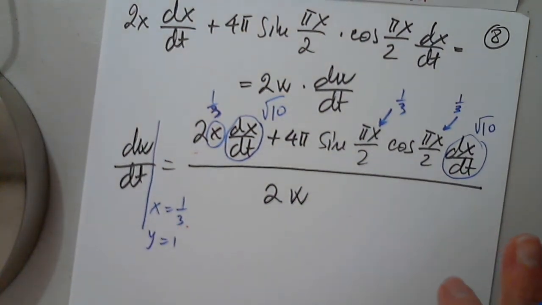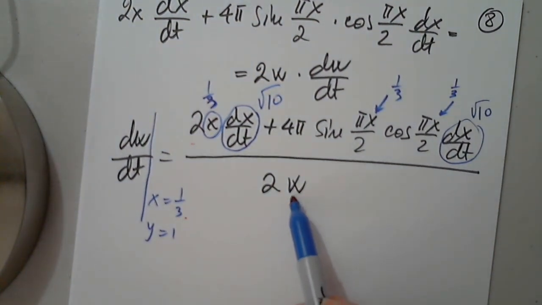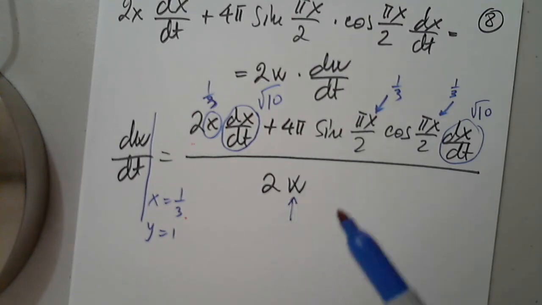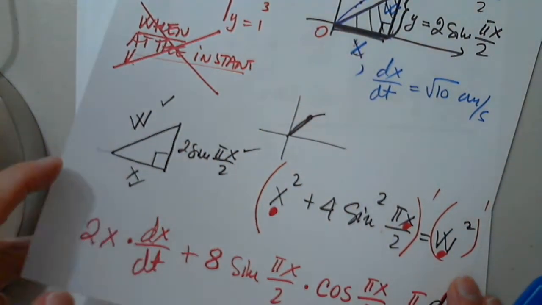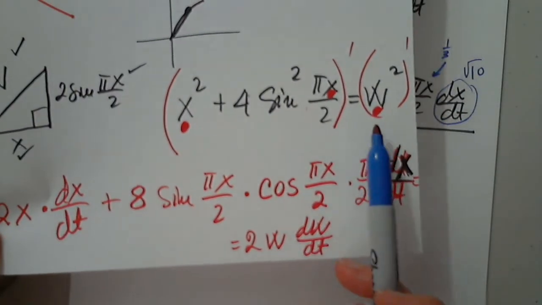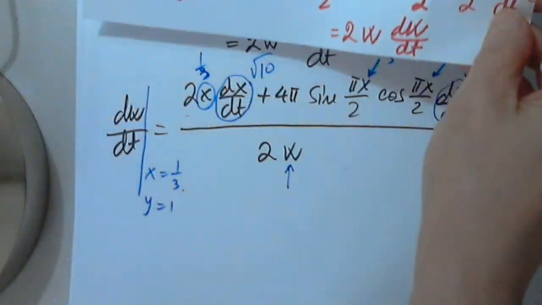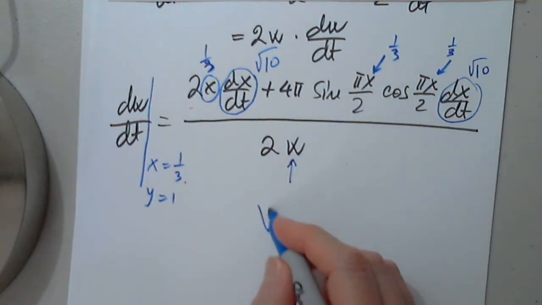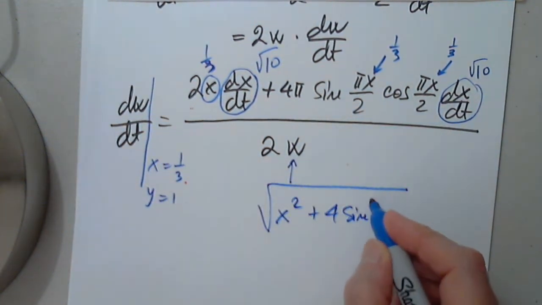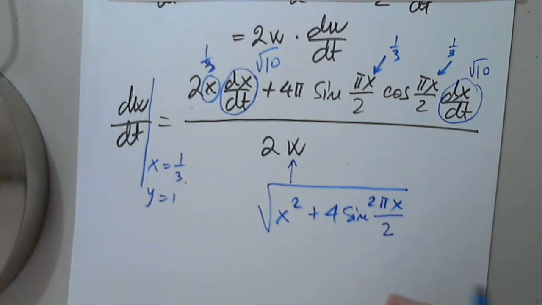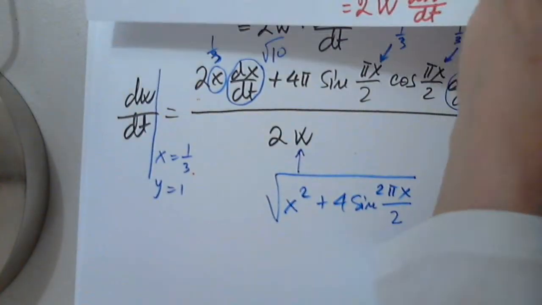I'm going to write them one more time, but I just want to explain that this I don't have, but I can take the square root. If I take the square root of both sides, I get what I need. So w is the square root of x squared plus 4 sine squared pi x over 2.